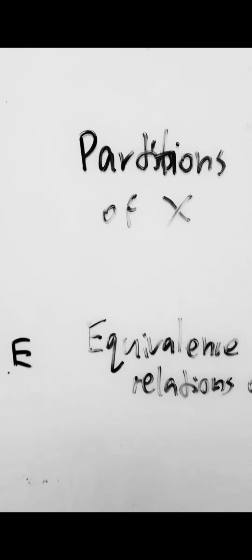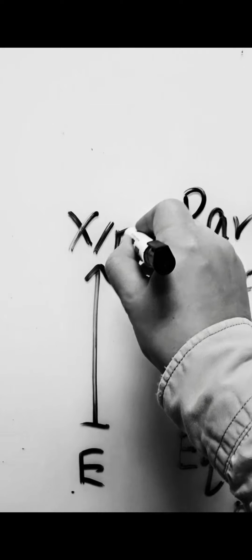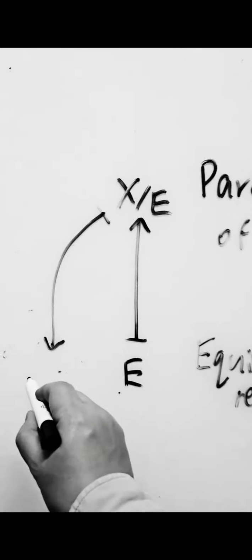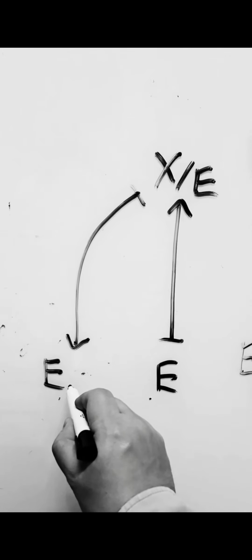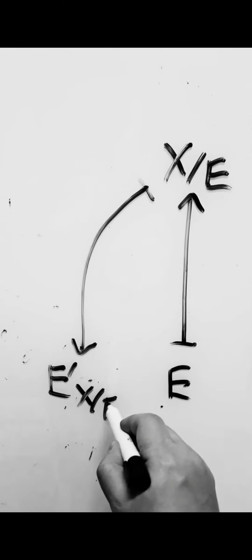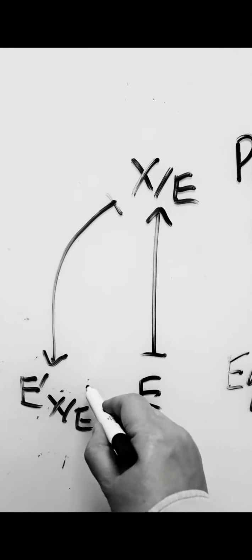For example, if I start with an equivalence relation E and I consider the corresponding partition, and then I take that partition and build from it an equivalence relation, let me call this E prime, from X over E, I will in fact get the same equivalence relation that I started with.